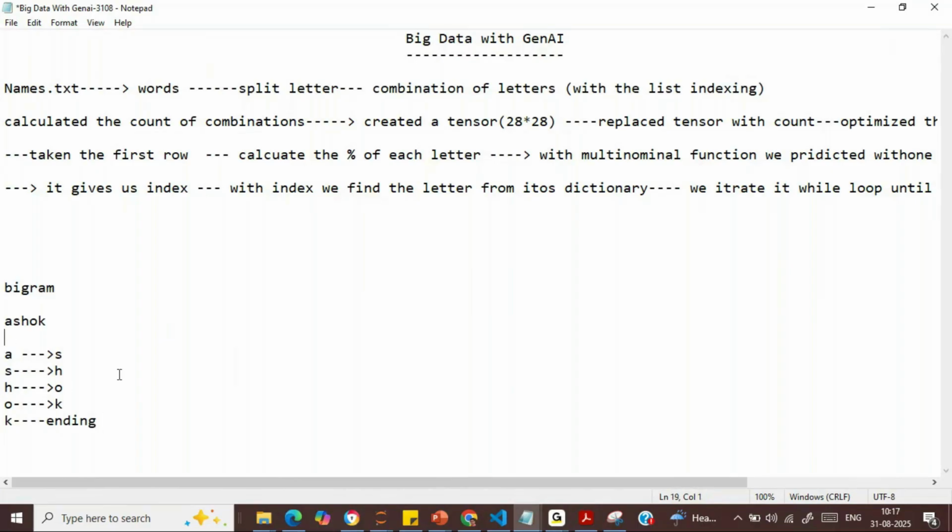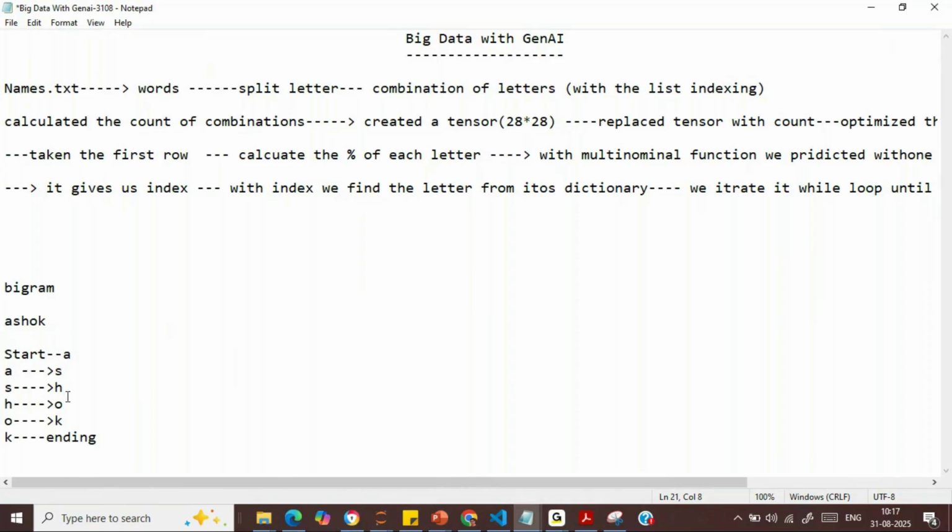And if start is there, then after start, a will come. If I'm starting and not providing anything, then most probably it is providing me a with respect to this particular name.